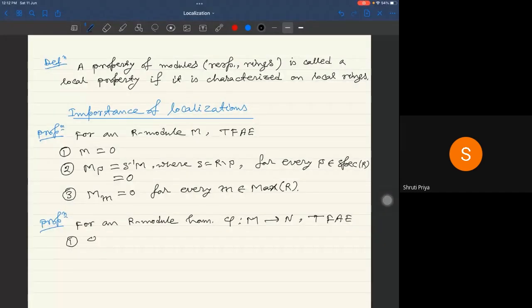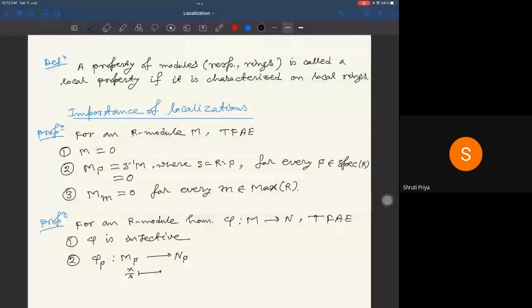It's enough to verify it locally. What I mean is that you can just consider this map M localized at P to N localized at P. How do you define this map? x by s goes to phi of x by s, for all x belonging to M and s belonging to S.